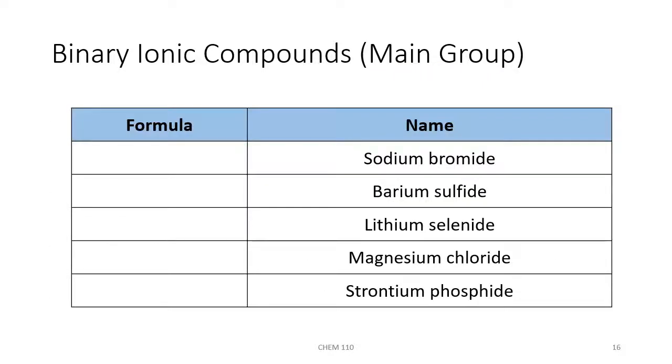So let's try some examples. It would probably be useful to keep a periodic table by your side while you're practicing. We want to write the formula for sodium bromide. The chemical symbol for sodium is Na, and sodium is a group 1A metal, which means it forms a +1 charge.